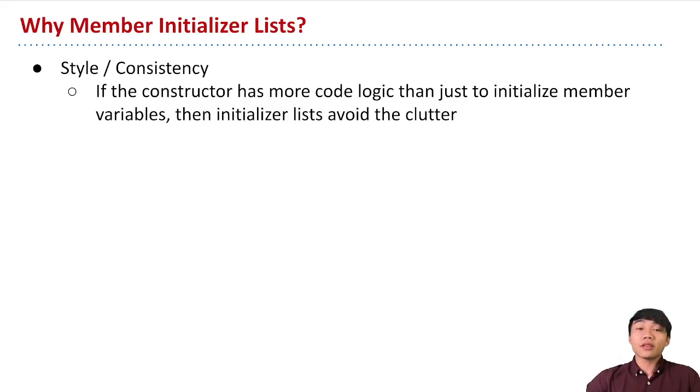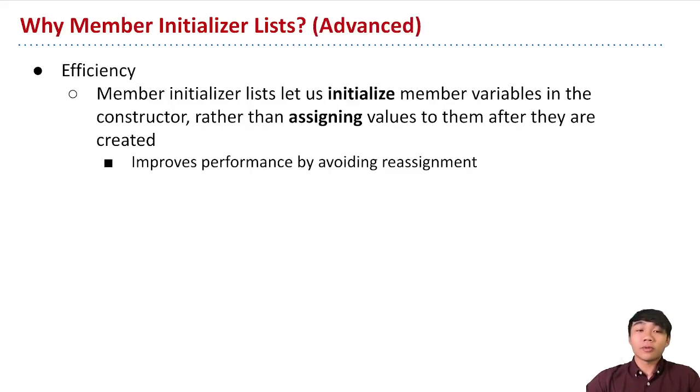And another reason that we use member initializer lists is for the performance benefits. This is a little bit more advanced because it requires you to understand what's going on under the hood. There's a very small difference between assigning member variables within the body of our constructors, as we have been so far, and using member initializer lists.